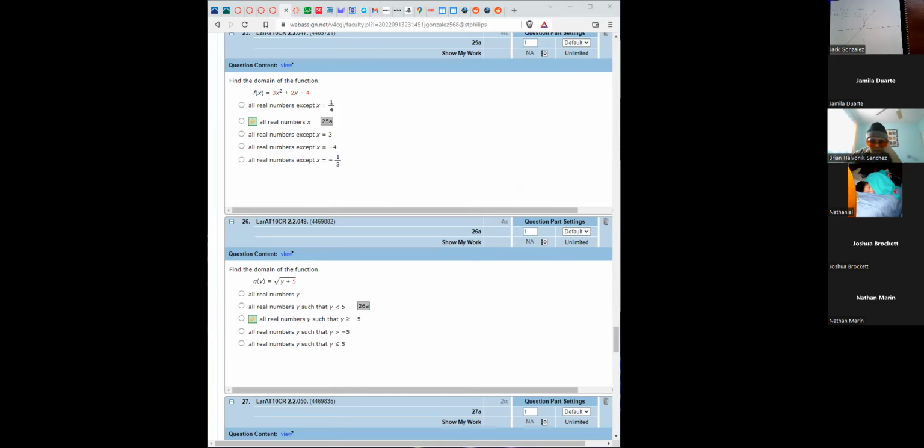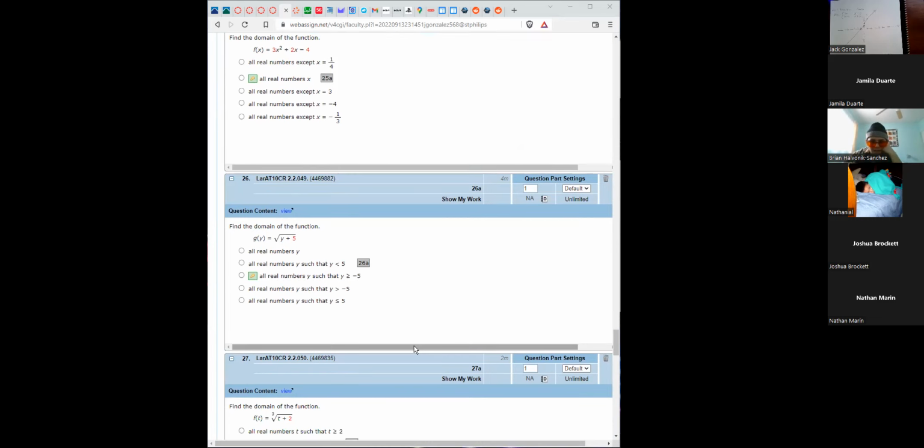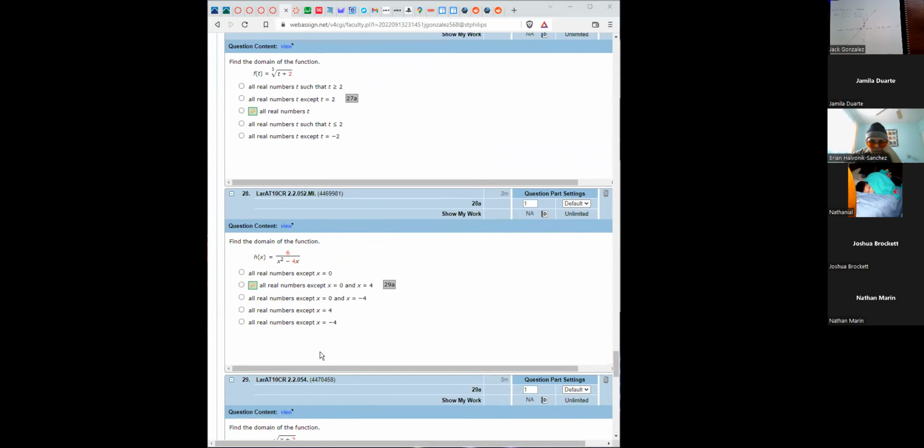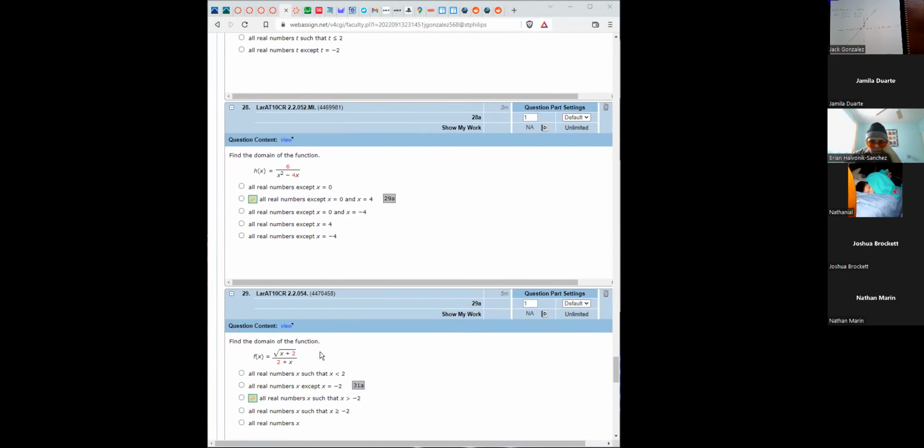So when are you gonna have that open circle? When you can't include it, like for example, this one here is a good one.